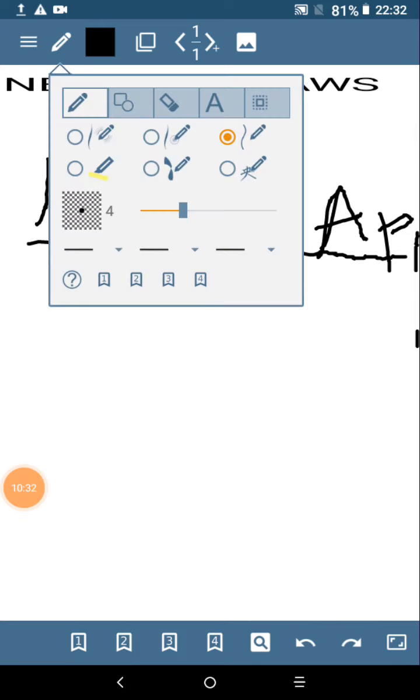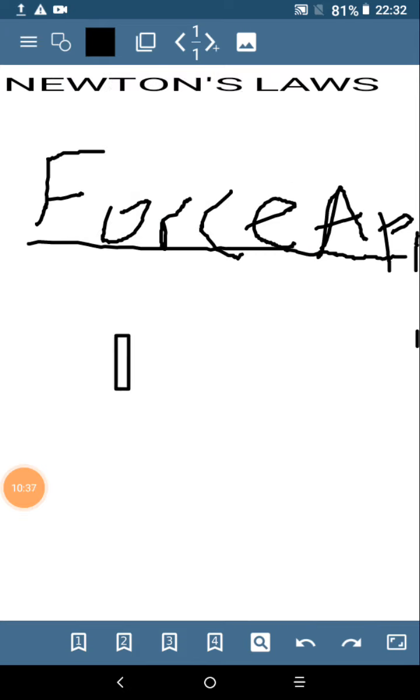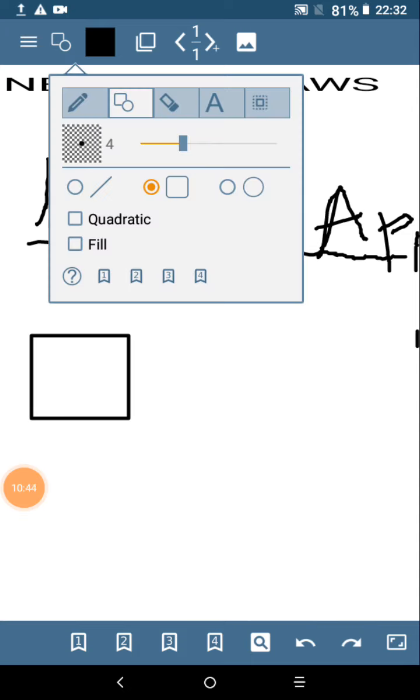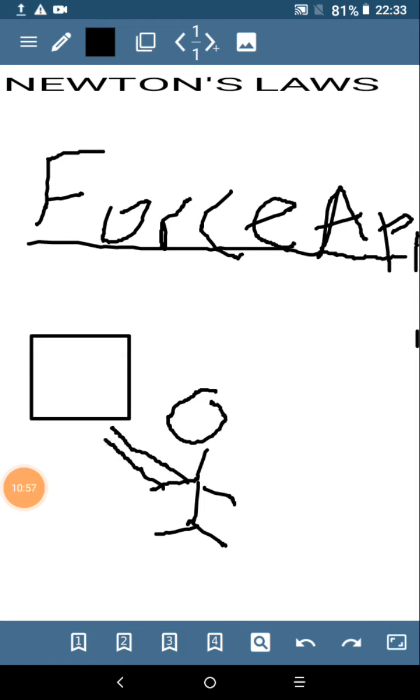Going back to my earlier example, I said if we had a box here and a man was standing there trying to push the box. Remember, a force is a push or a pull. If a man is trying to push a box in that direction, it's a force applied because he's applying a force, he's pushing, he wants something to happen.